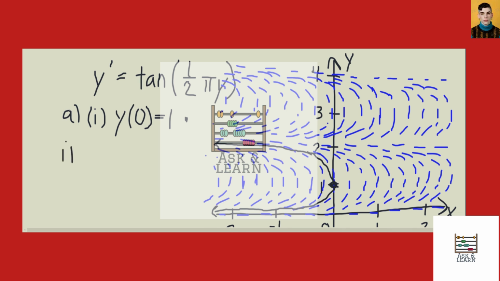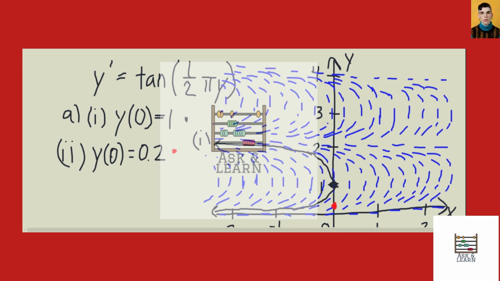Next, in part 2, we are asked to find the solution with initial value y(0) equals 0.2. Now graph this in red. So we know we have a point at (0, 0.2), near the origin.